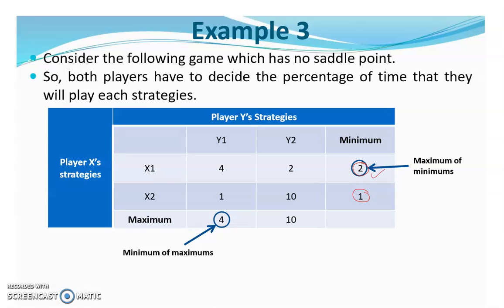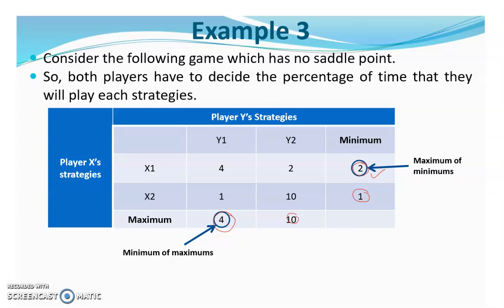So 2 is the maximum value. Then for every column, 4 and 1, 4 is the maximum value. And 2 and 10, 10 is the maximum value. And then we try to find the minimum between 4 and 10. So in this case, 4 is the minimum value.